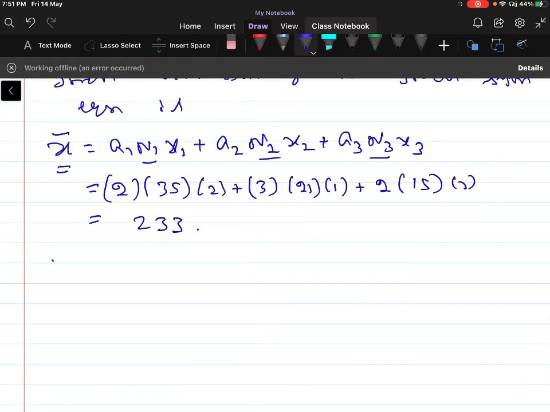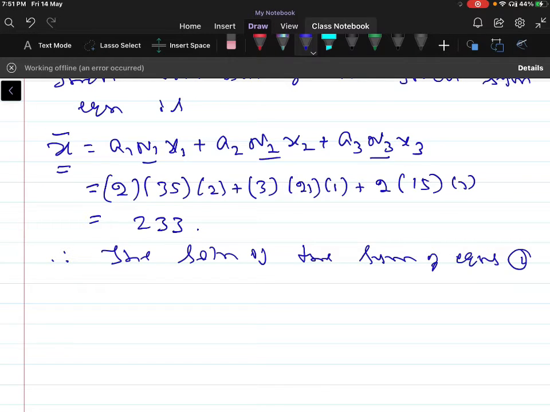So therefore the solution of the system of equations 1 is x bar is equal to 233, which is congruent to 23 modulo 105.